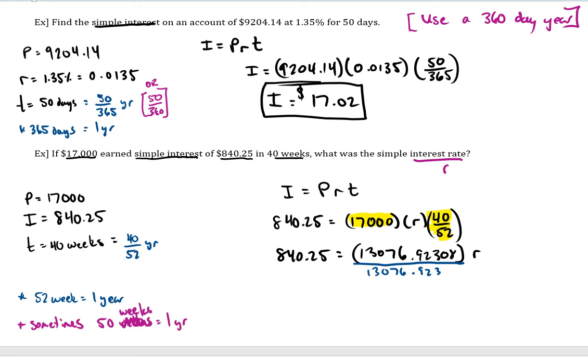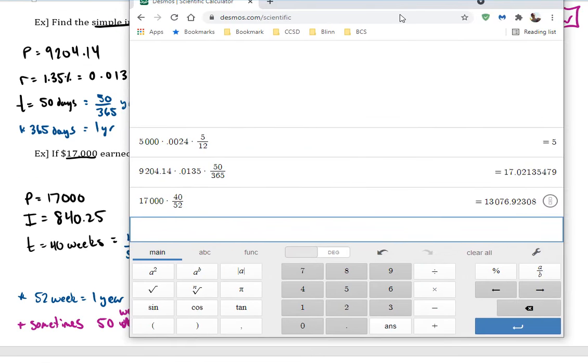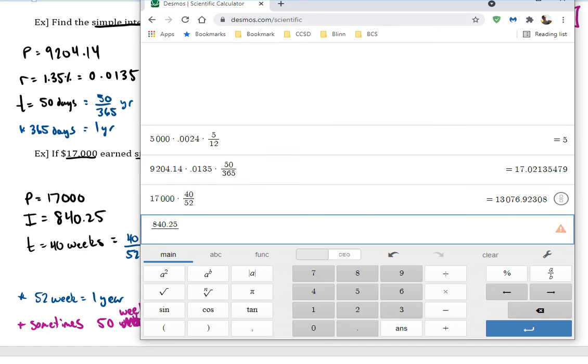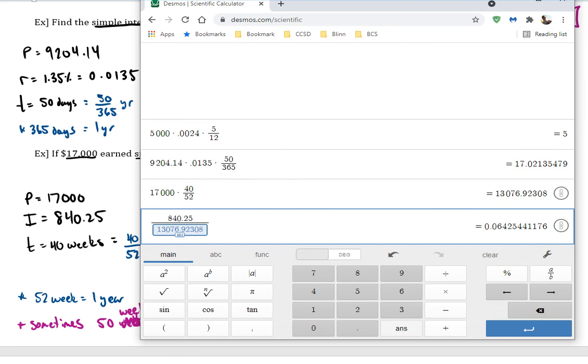So we'll divide this number on over to both sides. Okay, and most calculators have a way to input what you just had as an answer. So we'll do the $840.25 divided by, on this one it has it, see at the bottom right, so most have it in the key area with the numbers. So divided by that answer, and this is the decimal that we get.